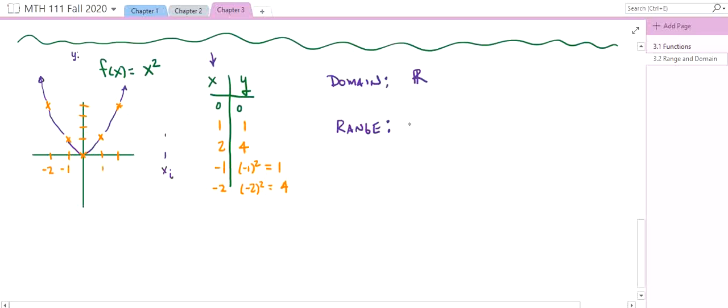So our range actually starts at 0 and includes 0. 0 is part of our answer, so I'm going to put less than or equal to y, and less than infinity. This will go to infinity like this. Notice I didn't put equal to infinity because infinity is not a number. You can't nail it down. It's just a concept.